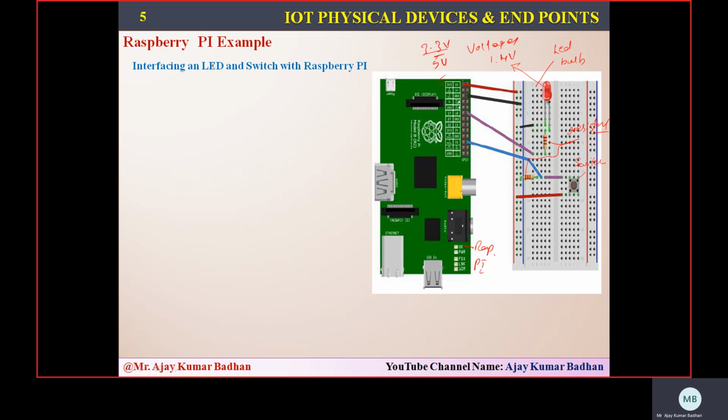If you are not using the resistor, the bulb will get 3.3 volts, which is much higher than its capacity. So there is a possibility that the bulb may blow off. That's the reason we are using a resistor.